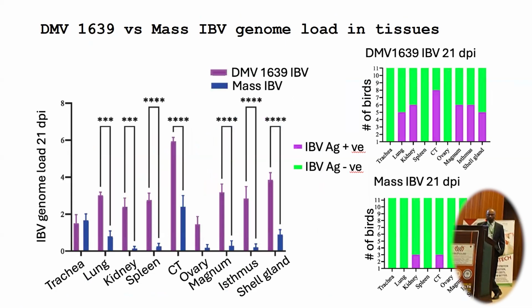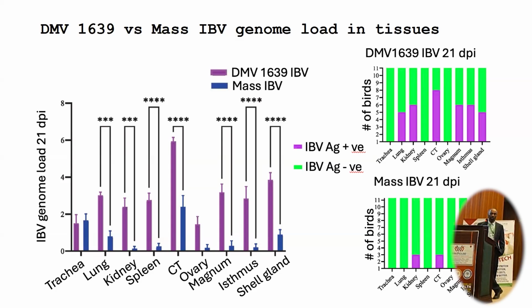We looked at several tissues for the presence of virus. We looked at the respiratory tract, kidney, and the reproductive tract, as well as a couple of immune organs like spleen and the cecal tonsils. You can see that in the cecal tonsils, both the Mass and the DMV 1639 had higher viral loads, and the spleen comparatively lower.